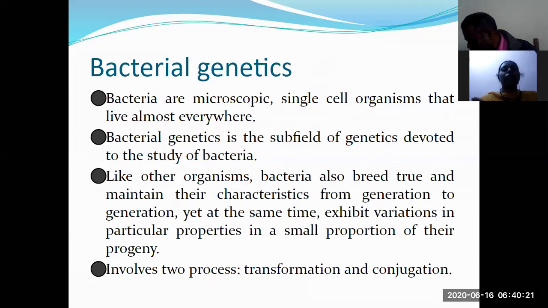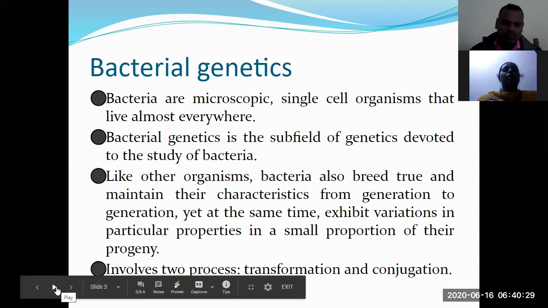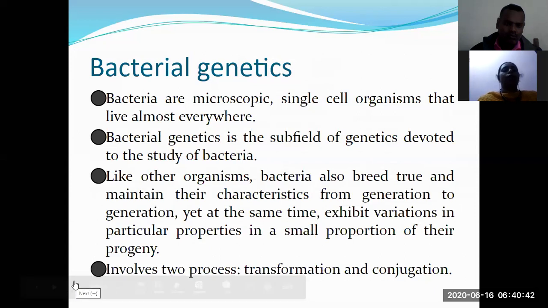The transfer of genetic material involves two processes. One is transformation and another one is conjugation. By this process only, the scientists confirmed that there is a genetic material in the bacteria and it is transferring from one generation to the next generation. Let us see how.